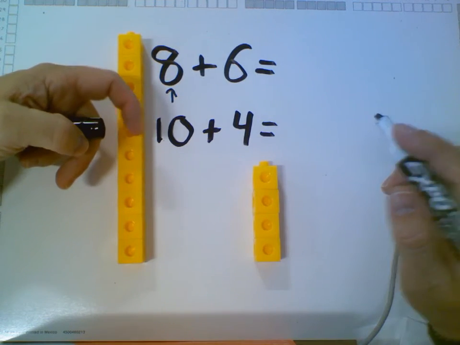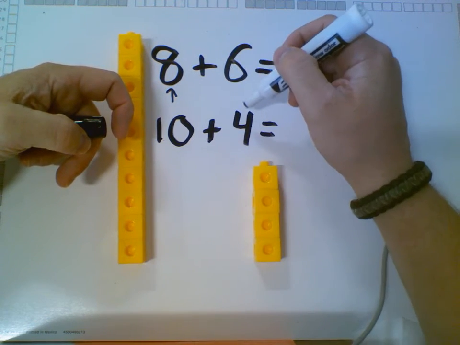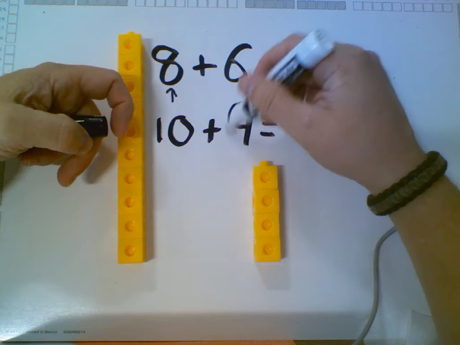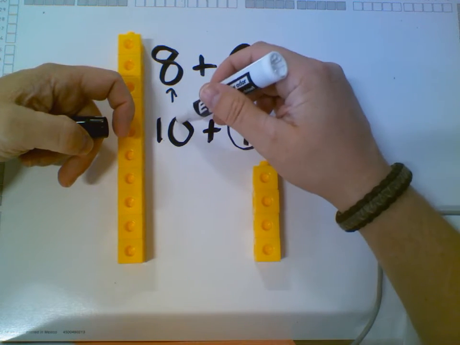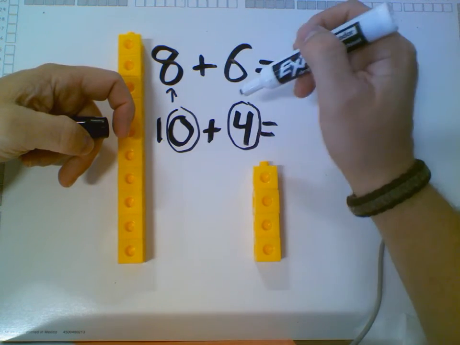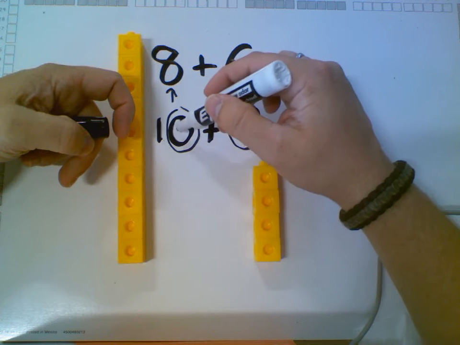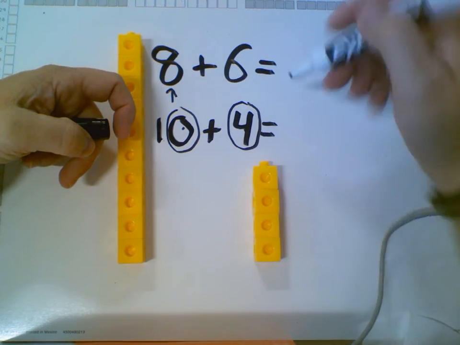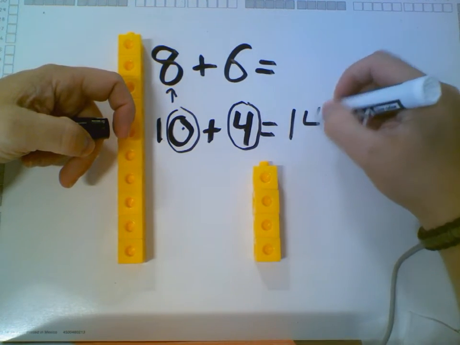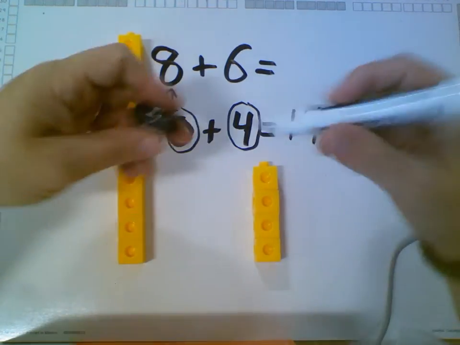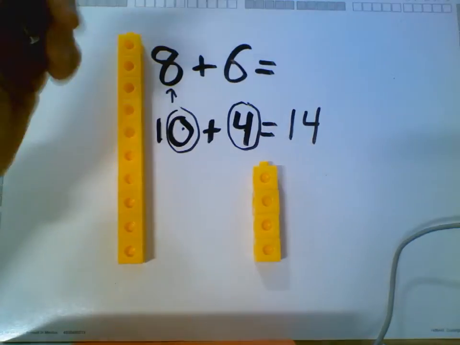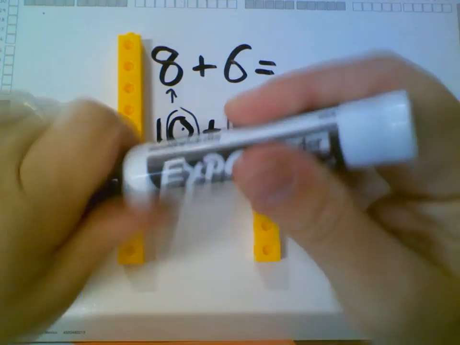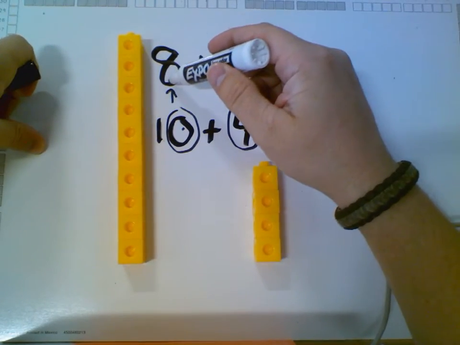If you remember, all you have to do when you have 10 plus something is make these ones take the place of this 0. So instead of 1, 0, it would say 1, 4. 10 plus something is easy. The hardest part of make a 10 is figuring out which one to make into 10.